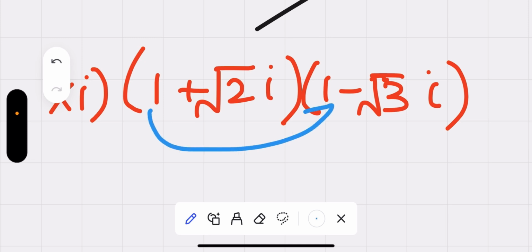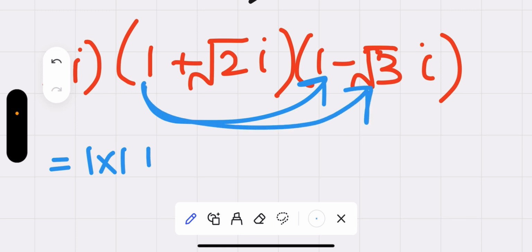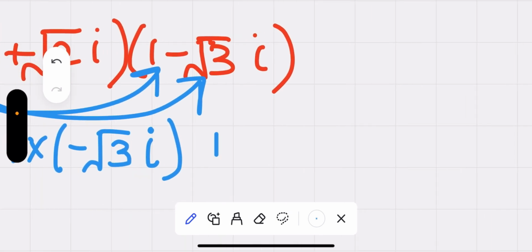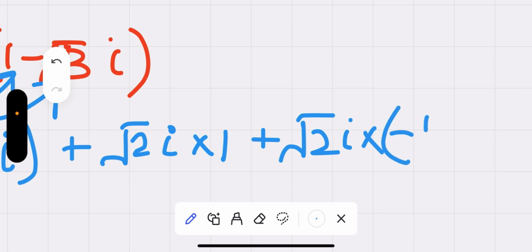So 1 times 1, and 1 times, plus 1 multiply, bracket, because there is a negative sign, so we must use a bracket, negative square root 3 iota, and second term square root 2 iota multiply 1 and plus square root 2 iota multiply minus square root 3 iota.